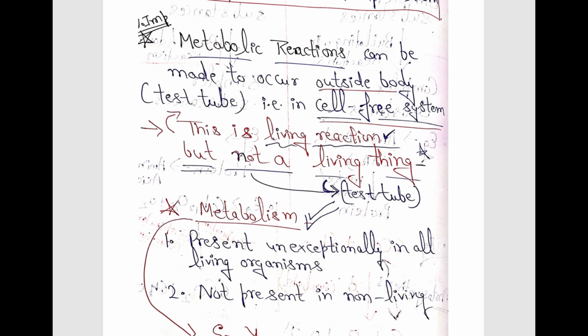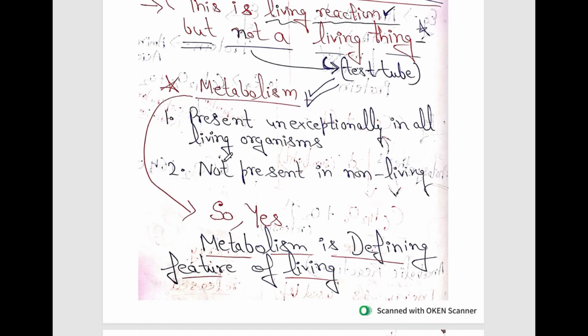These chemicals perform thousands of reactions and form other chemicals in the body of the living organism. Metabolism is present unexceptionally in all living organisms and not present in non-living things. So yes, metabolism is the defining feature of living.